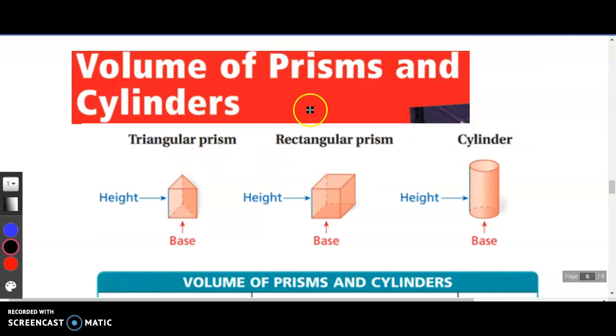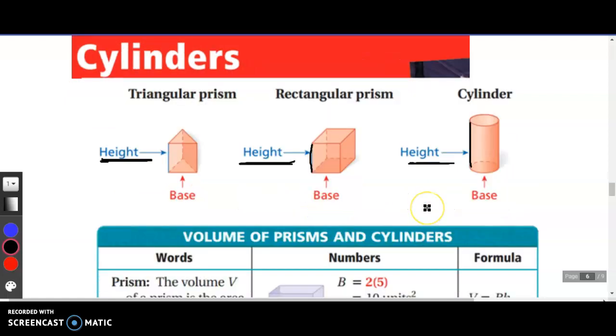All right, so on to volume of prisms and cylinders. Prisms and cylinders, I already talked about the base, right? So the height of any type of prism or cylinder is going to be the length from one base to the other base. Remember, prisms and cylinders always have two congruent and parallel bases.